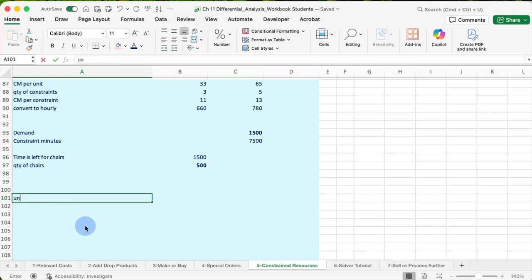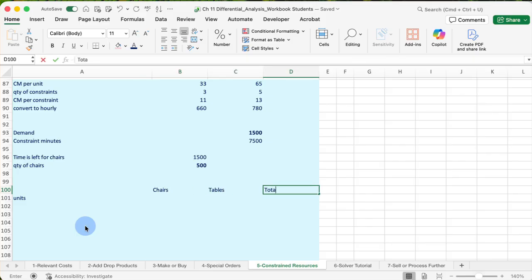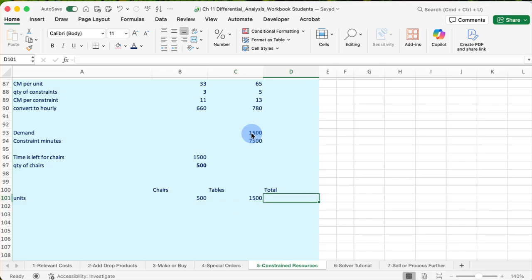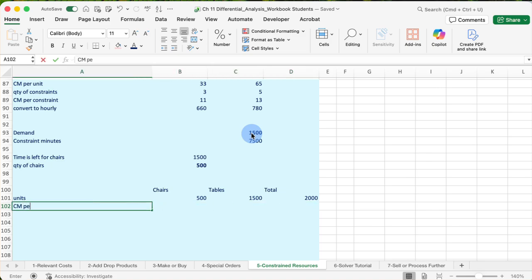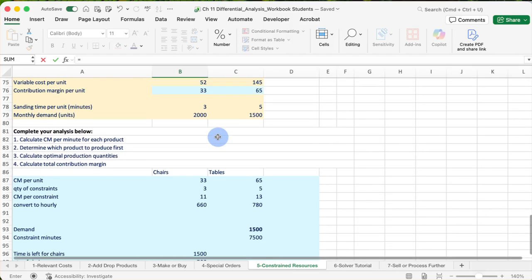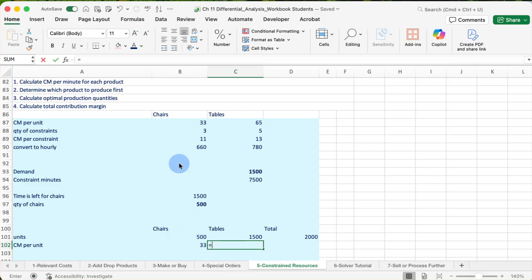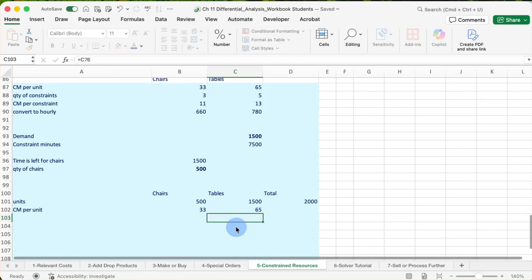We will say units, chairs, tables, total. And so the units is going to be 500 chairs, 1,500 tables. Obviously, that's a total of 2,000 units. And then the contribution margin per unit is $33 for the chairs, $65 for the table.